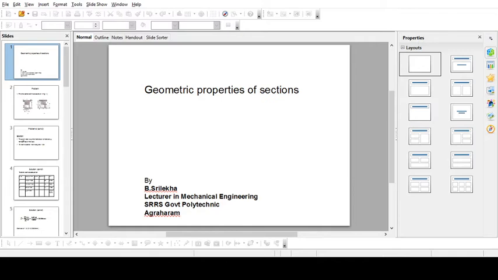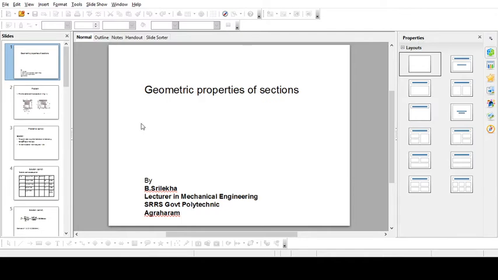Find the centroid of the area given here in figure 1a. It looks something like a front view of a piston in a cylinder.